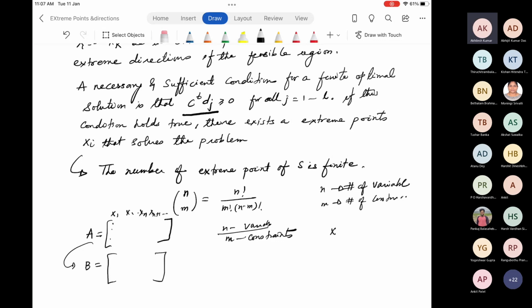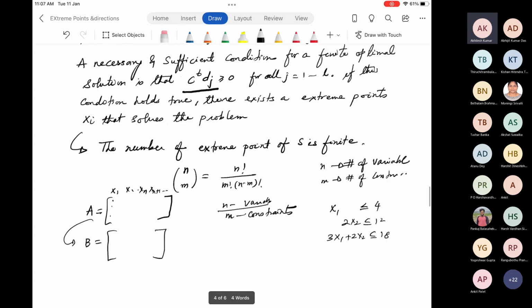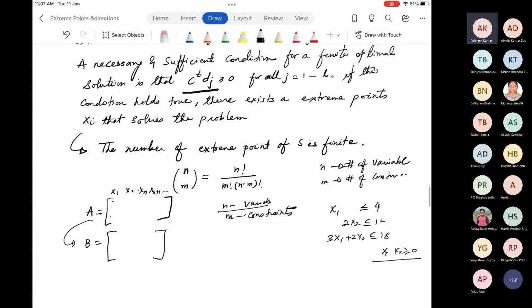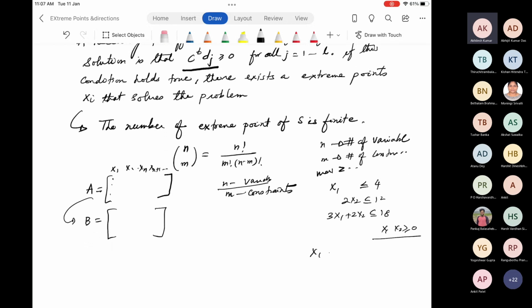Okay, let me explain with a small graph. Suppose the simple one: x1 is less than or equal to 4, 2x2 is less than or equal to 12, 3x1 plus 2x2 is less than or equal to 18, and of course x1 and x2 are greater than or equal to 0. And of course, there is some maximize Z equals to something. So when we convert into equations, it is x1 plus s1 equals 4, 2x2 plus s2 equals 12, 3x1 plus 2x2 plus s3 equals 18. These are the slack variables. So in total how many variables do we have now?